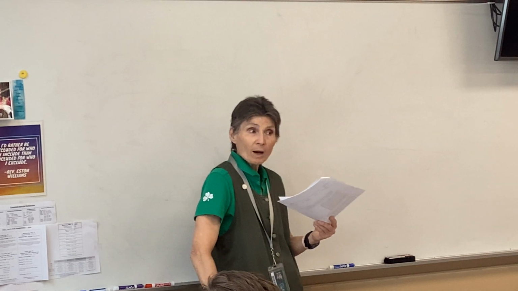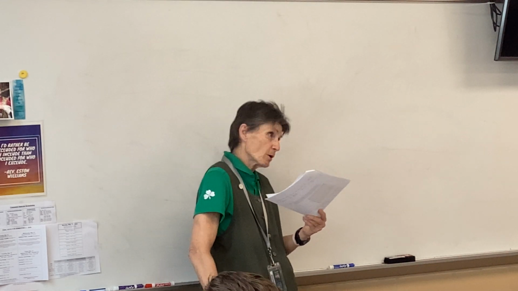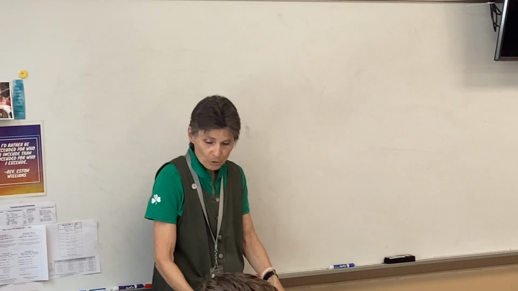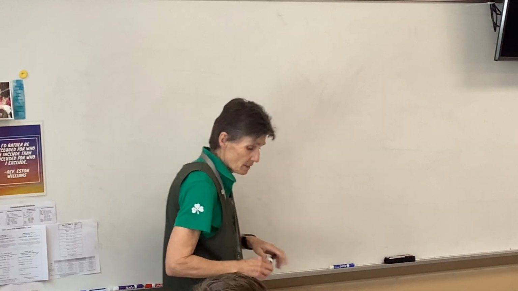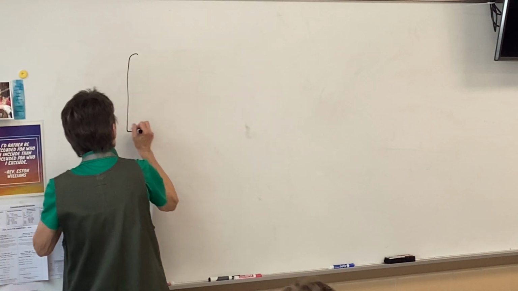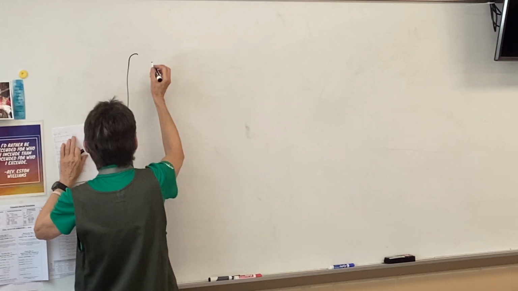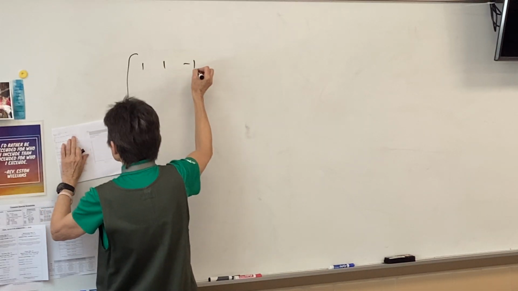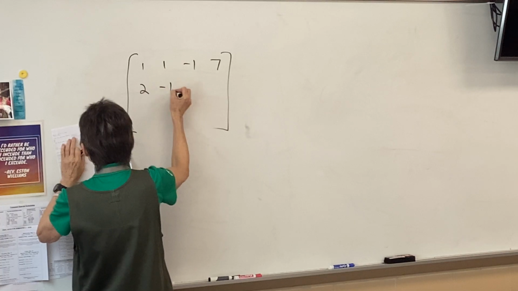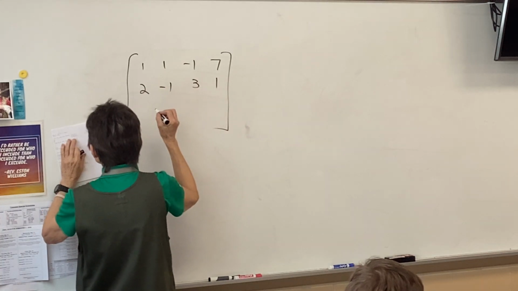Okay, we're not gonna have a study hall, we're not gonna put our heads down. Number 1. Remember, we're doing it with our calculator, so I'm gonna set up the matrix that's going in. So that'll be 1, 1, negative 1, 7. 2, negative 1, 3, 1.